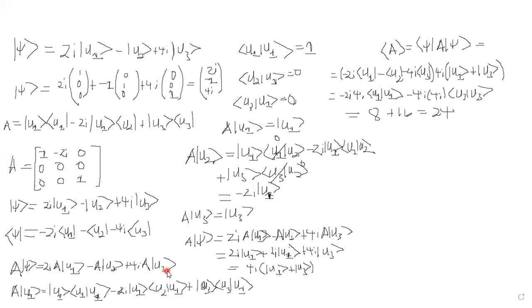So what is A defined as? When you operate it on U1, you look at the representation of A, and you can see this bra and this ket are U1, U1. You do the same thing here.